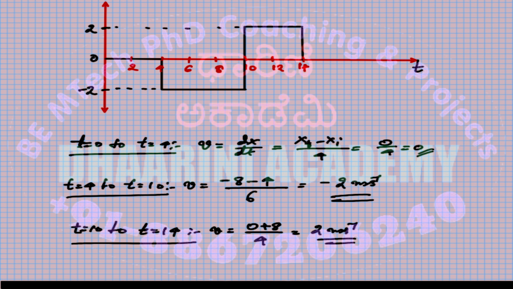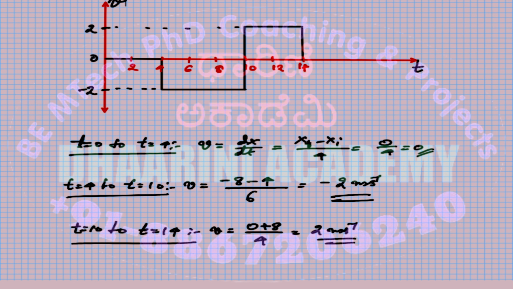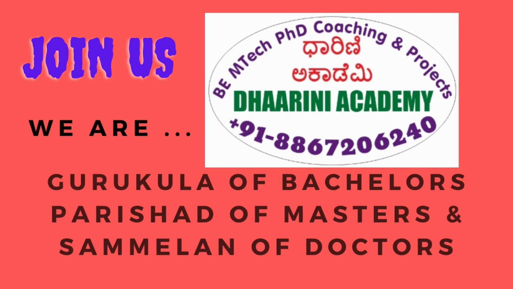This is time versus velocity. So velocity is 0 until 4 seconds because it is not moving. Then it is minus 2 constant, right, from 4 till 10. Then it is plus 2 constant from 10 till 14. Okay, this is the required answer for this particular question.